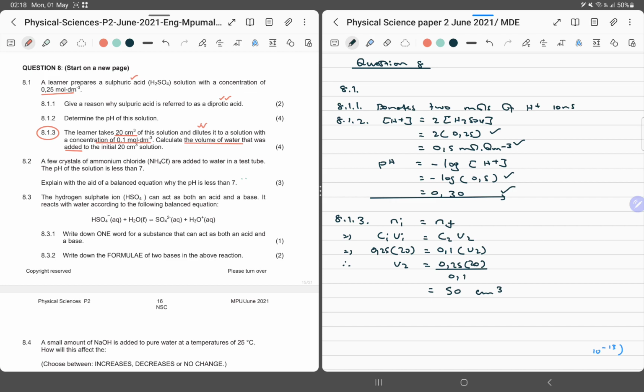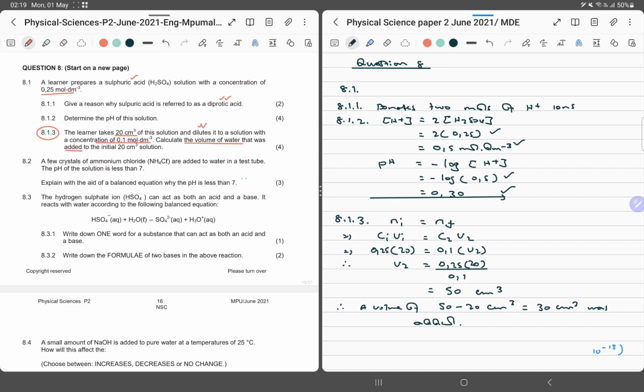Because remember, we used centimeter cubed here, so we keep it as that. We can say therefore a volume of 50 minus 20 centimeter cubed, which is equal to 30 centimeter cubed, was added.